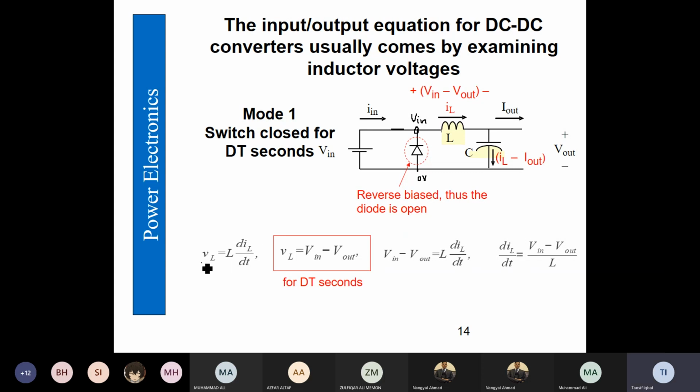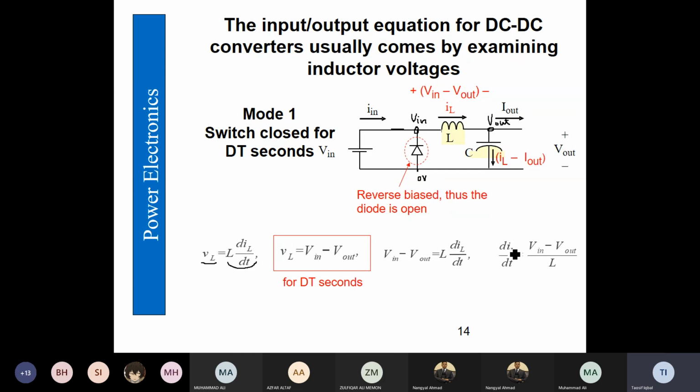We know the inductor voltage VL is L di by dt. Looking at the voltage, on the left side we have Vin and on the right side we have V out. Between these two nodes we have the inductor, so the voltage across the inductor is the difference of these two node voltages, Vin minus V out. So instead of VL, we put L di by dt.